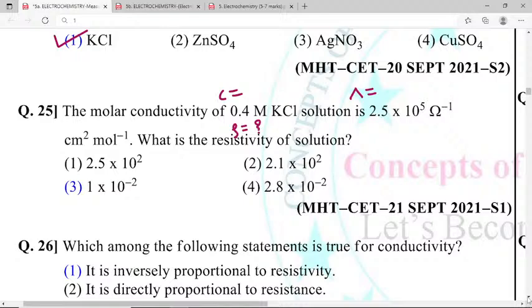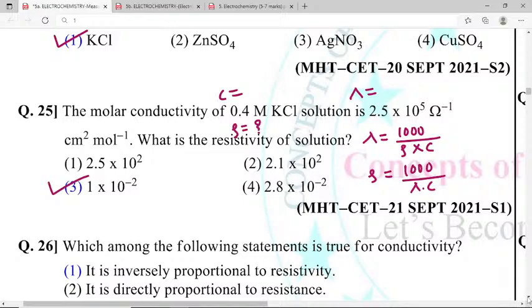So molar conductivity is equal to 1000 divided by rho into C. So rho is equal to 1000 divided by lambda into C. Put the value, we'll get the answer.